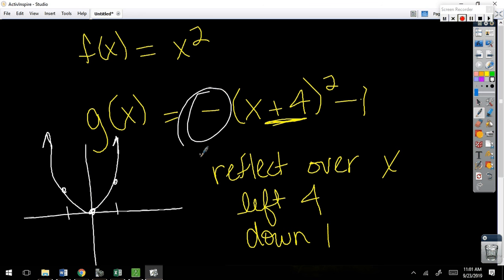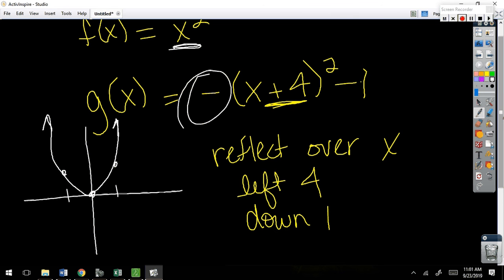It doesn't dilate it any. From your parent graph here, every point is going over x and it's going left 4, down 1. What about the negative? That's my reflection.